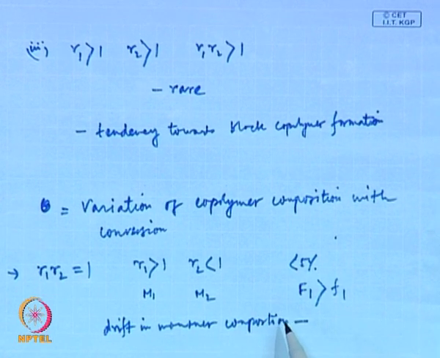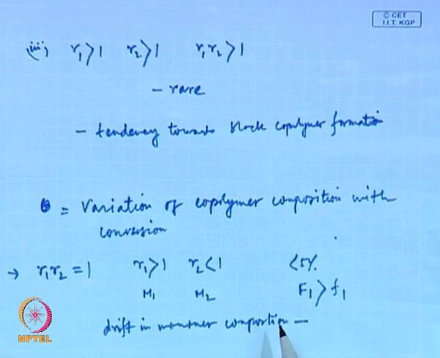So, if you want to avoid this drift in copolymer composition, you should restrict your copolymerization reaction to a very low level of conversion, so that the monomer ratio in the reaction medium does not alter too much compared to the feed ratio.